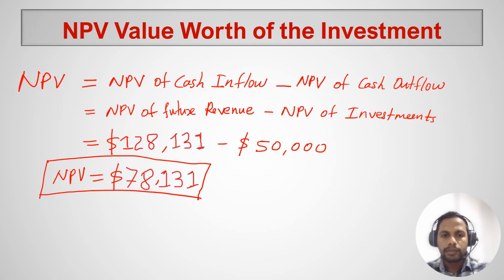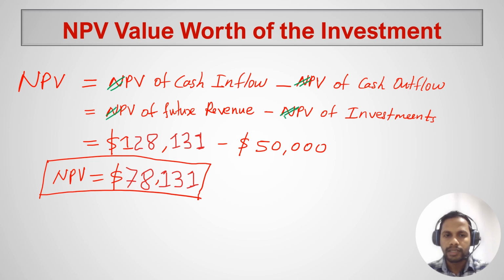Now we are coming to NPV, net present value. It means the present value of all cash inflows minus the present value of all cash outflows. Some books write net present value, no problem.